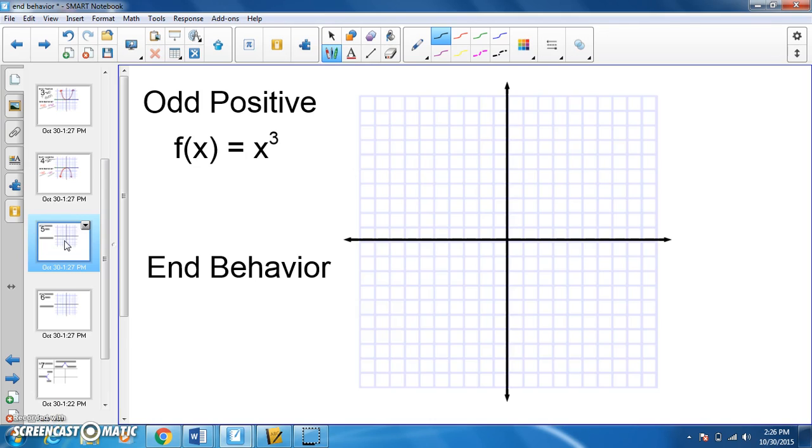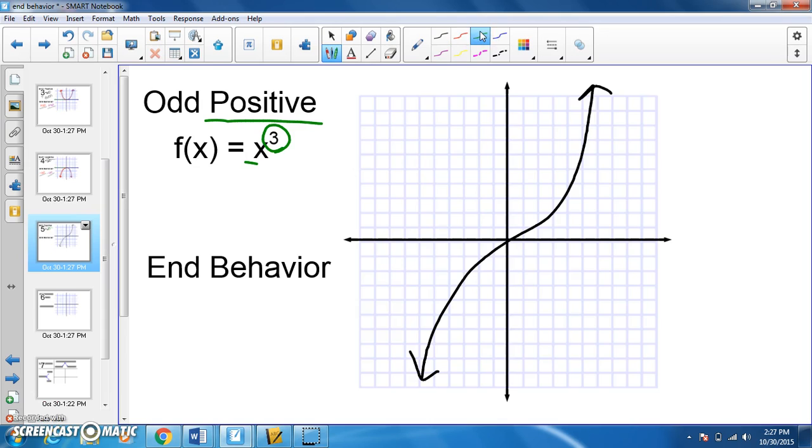Now let's look at odd. If we have an odd function, which means our degree is odd, and a positive leading coefficient, I will sketch our graph to look like this.